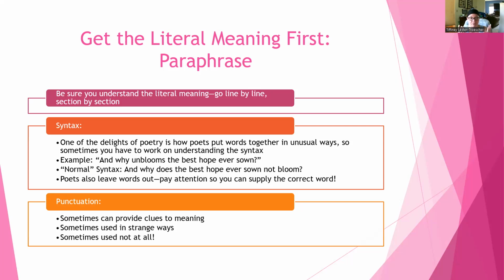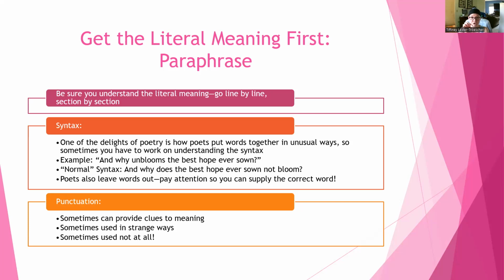But putting it in your own words, line by line, in order to do that, you have to think about syntax and punctuation. And keeping in mind that, again, a full thought in poetry is often more than just a line of the poem.